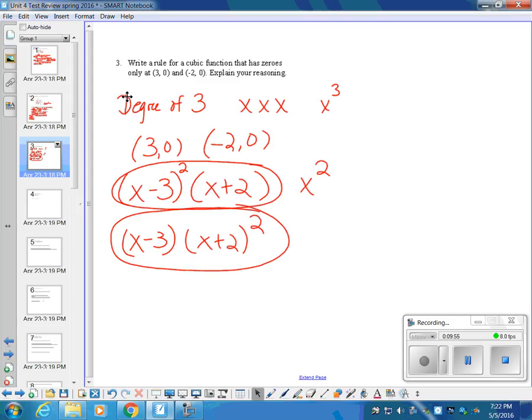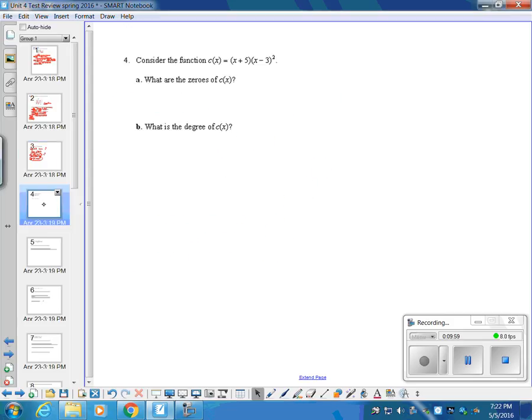Okay, number 4. We have a function. Again, it's cubic, has a degree of 3.